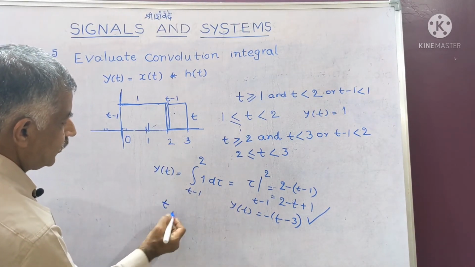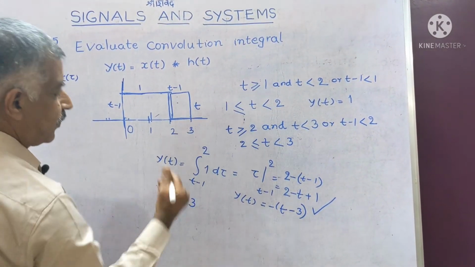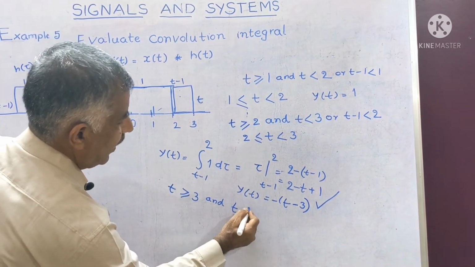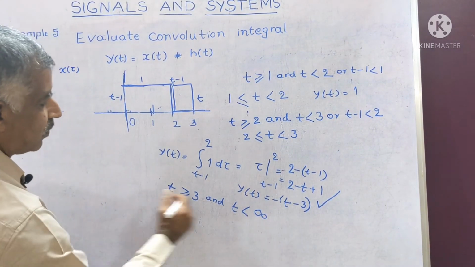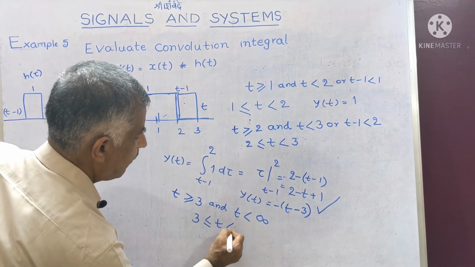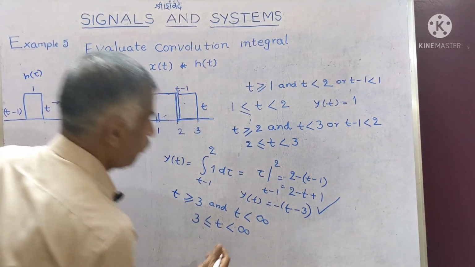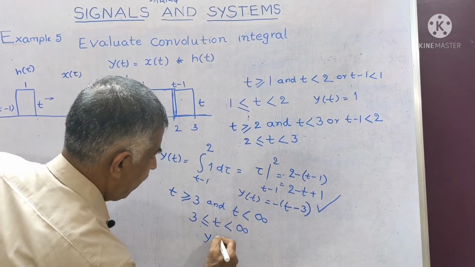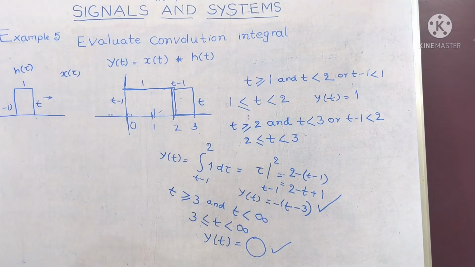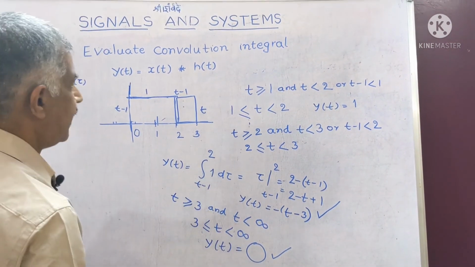For t greater than or equal to 3, because it is coming out of 3, and t less than infinity, combine these two: 3 less than or equal to t less than infinity, there is no overlapping, therefore y of t equals 0. Both the edges have come out, between 3 and infinity.